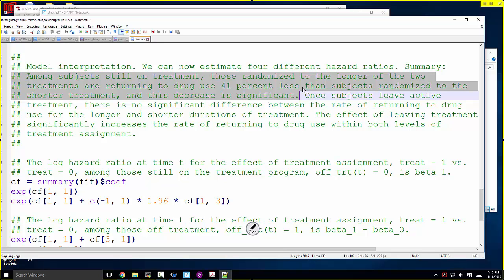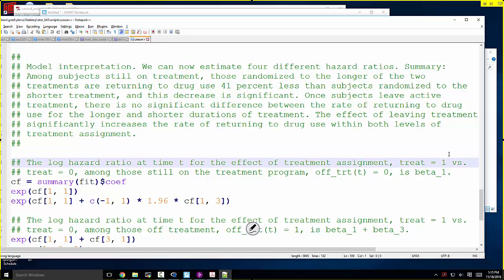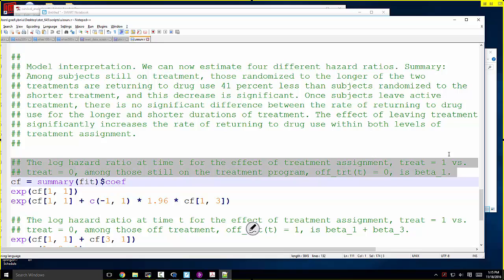Or we could ask for the estimated hazard ratio if we exponentiated, comparing the long to the short. Among those who are still under treatment, what is that hazard ratio? The first of our 4 corresponds to beta 1. Like I said on the whiteboard, beta 1 is the log hazard ratio comparing long to short among those for whom off-treat is 0.